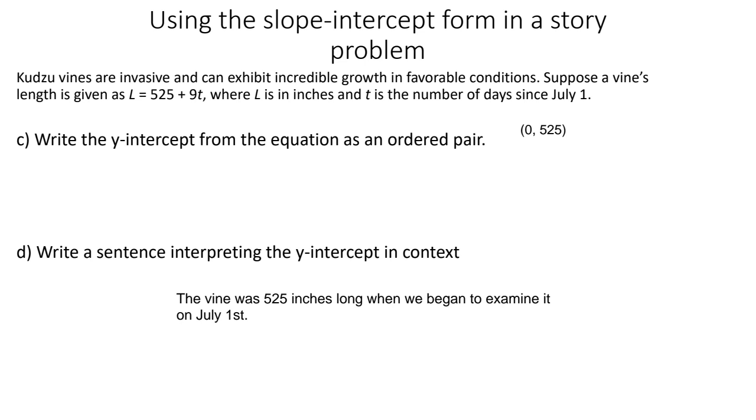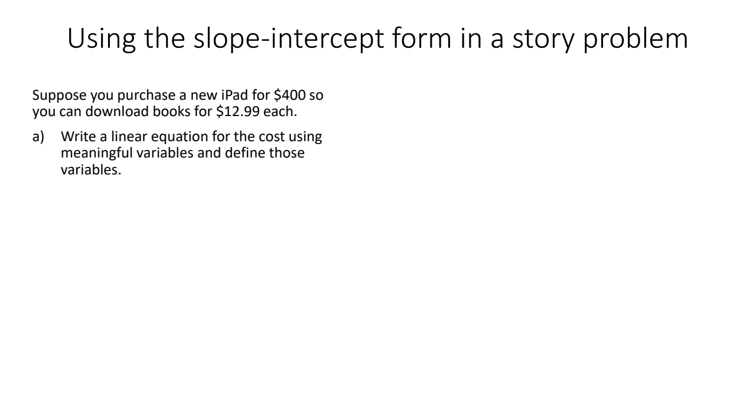Now, let's try again. New story. Now, this one's going to be a little more interesting because it says use the slope-intercept form, which means when we use it, we are looking and writing y is equal to mx plus b.